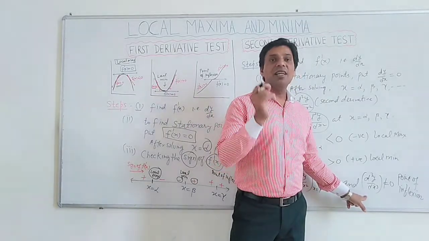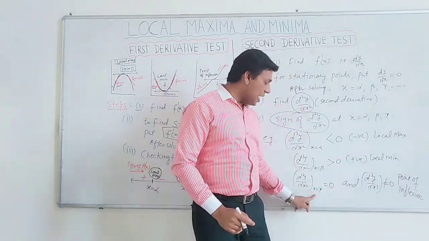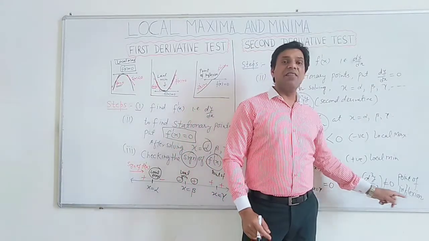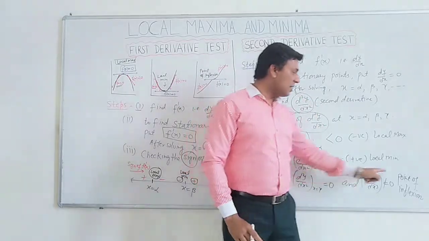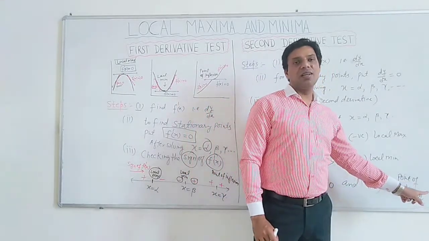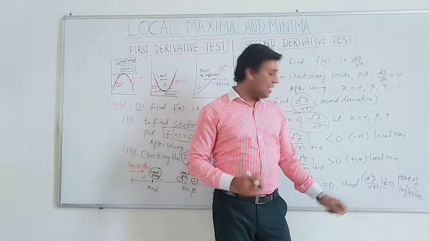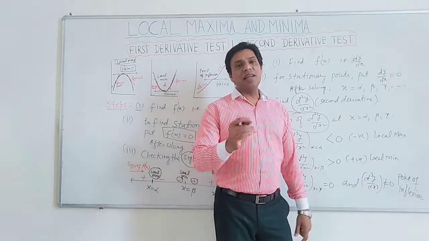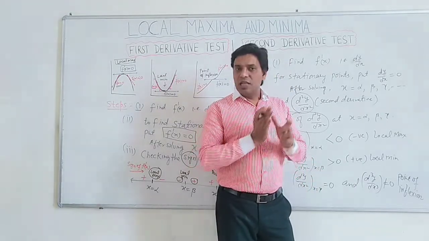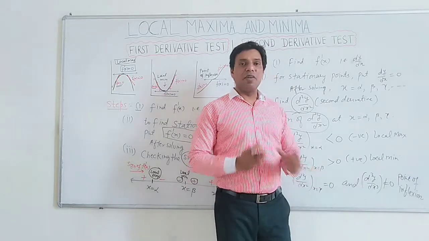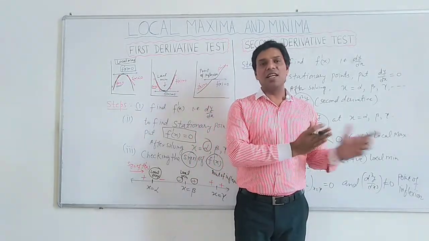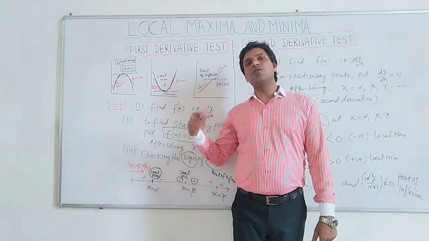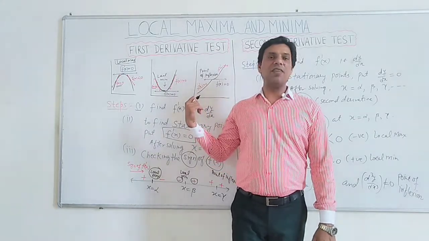At the same point, if the third derivative is not 0, then this is a point of inflection. And if it is still 0, then generally we cannot go beyond this test. We will say that this test has failed to decide the nature, and then it will be easy to check from the first derivative test.